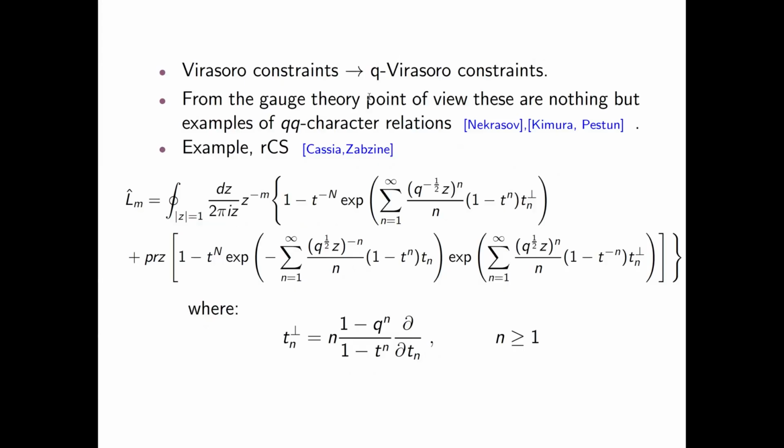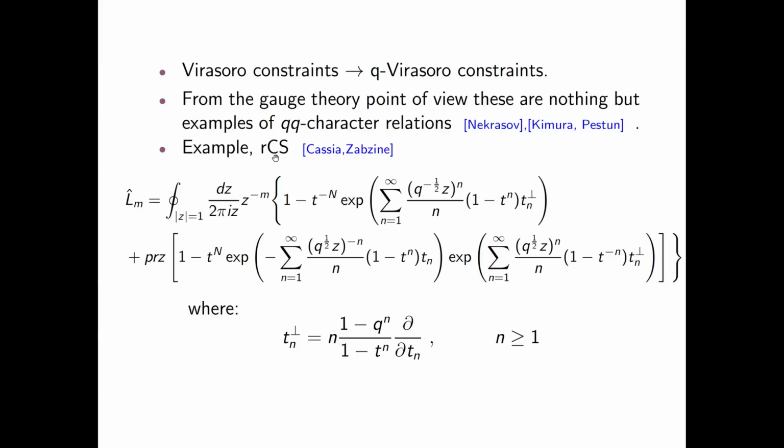I'm not going to exactly say how they're related to the generators of the q-Virasoro algebra, but they are. And it's good to mention here that these relations have a gauge theory interpretation as well, and they are known as qq-character relations introduced by Nekrasov.